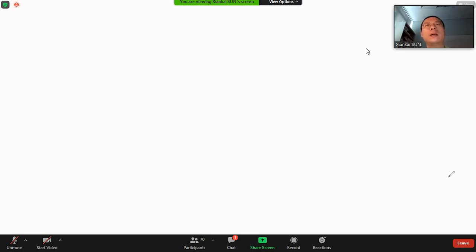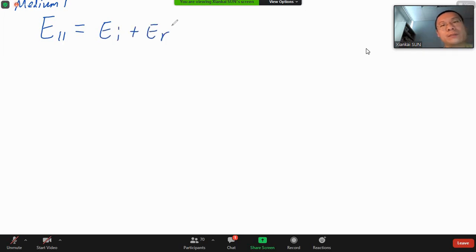In medium 1, we have an expression for the parallel component of E. E parallel is equal to EI plus ER, because we have two electric fields in medium 1.